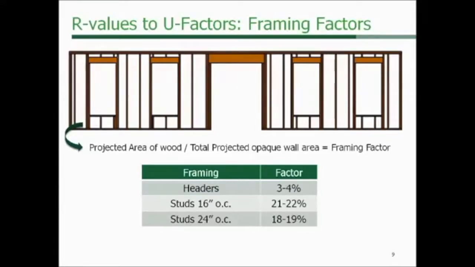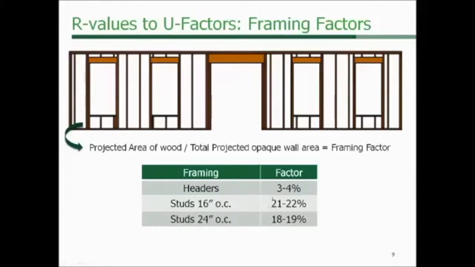Okay? Now, a framing factor is based largely upon a study that ASHRAE did that surveyed typical construction. And they found that headers come out to be about 3 to 4%. If you're doing studs 16 inches on center, they're 21 to 22%. Studs 24 inches on center, 18 to 19%.